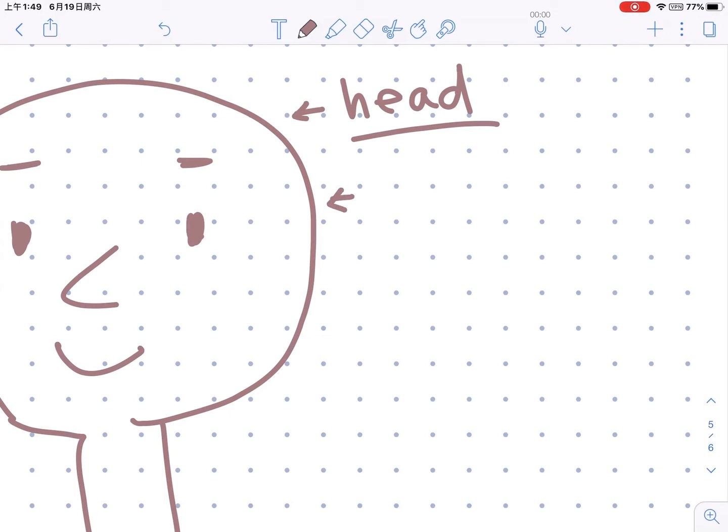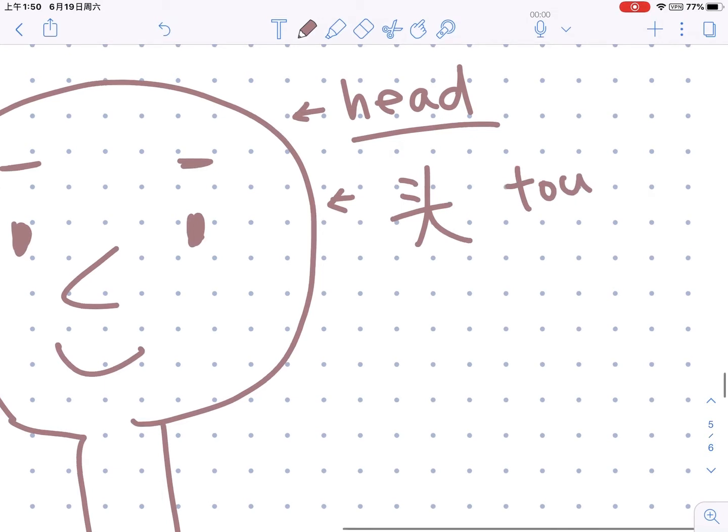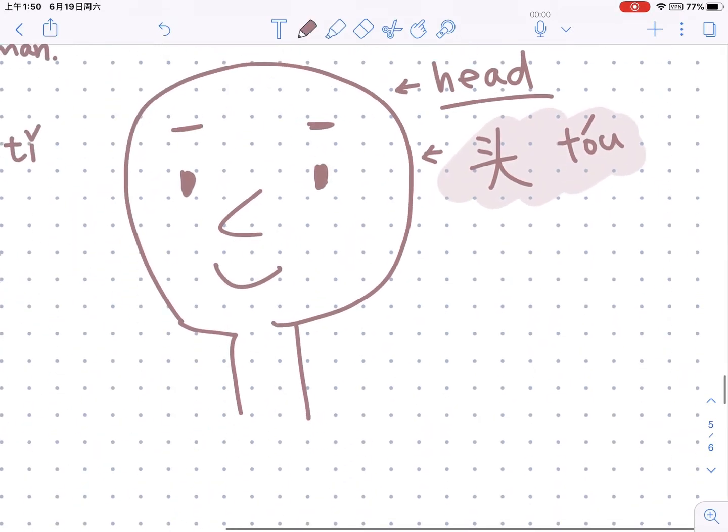It is called 头. It is written this way, and its pinyin you can guess, 头, right? It's the second tone. 头. Okay, and we have 头 here.